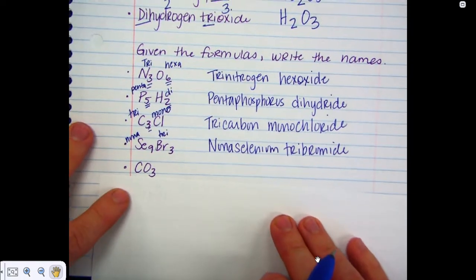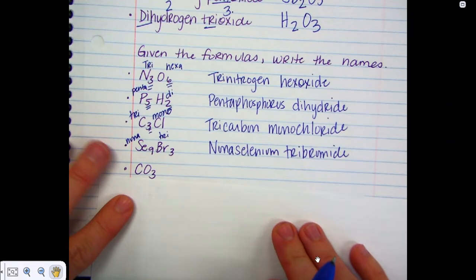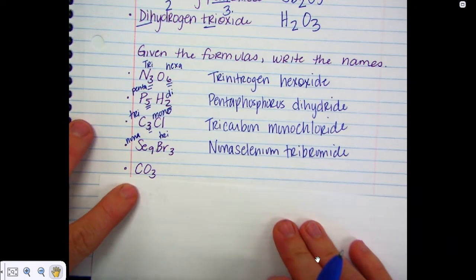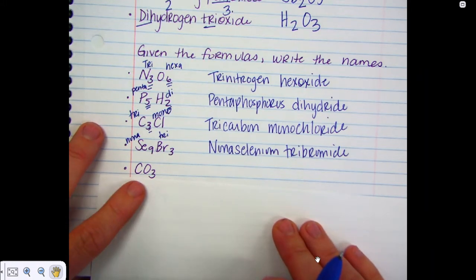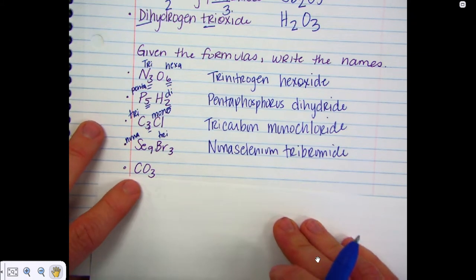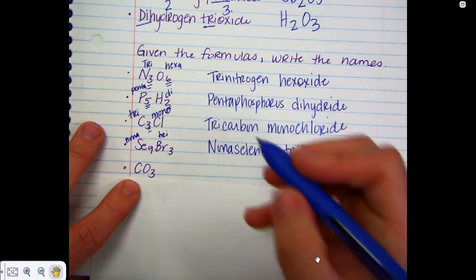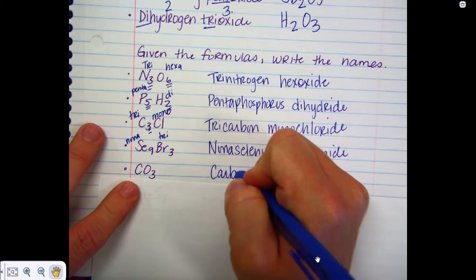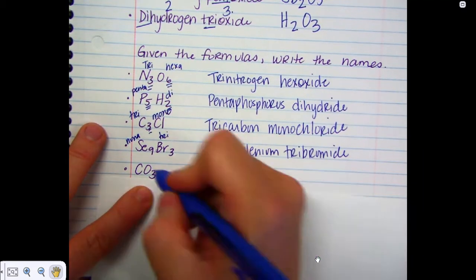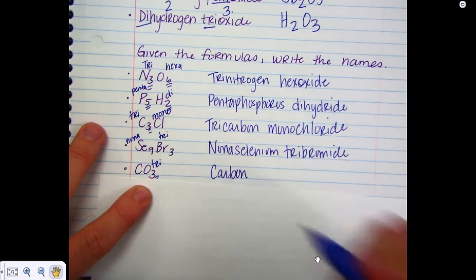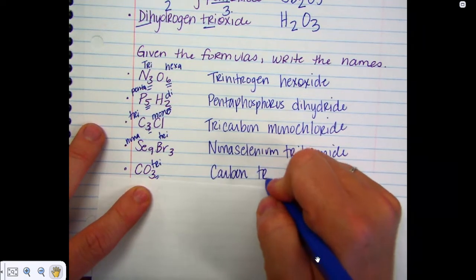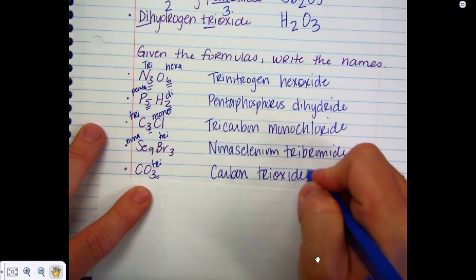So for this one, CO3. We don't have a subscript on the carbon. We know that means there's 1, but what's the catch here? Remember, carbon's in the first position. I don't mono when it's in the first position, so I'm just going to write this down as carbon. So carbon, and then 3 is tri, so carbon trioxide.